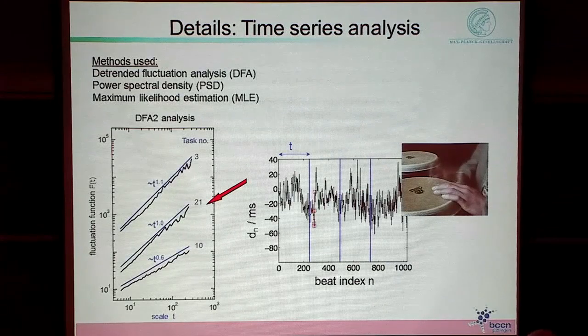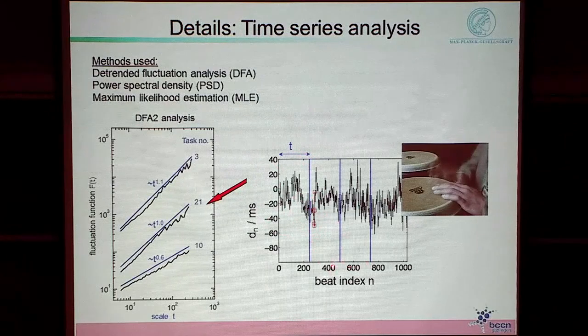We have applied also some other techniques, so-called detrended fluctuation analysis. This is a technique of time series analysis. I don't have to explain how it works. Let me just say it measures, again, on our signal of beat deviations, the strength of fluctuations over a certain time window of a certain length t.